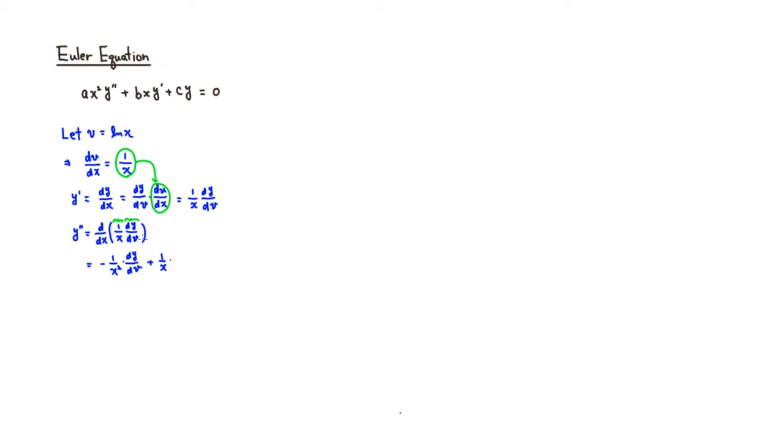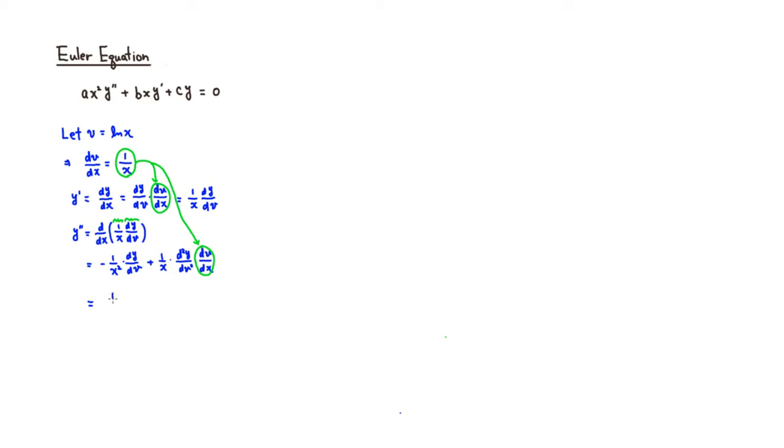Again, I'm going to take that derivative. This is the second derivative of y with respect to v first, then multiplied by dv over dx, just like before. Again, we can put 1 over x in here because we have another dv over dx. So we get 1 over x squared here, and another 1 over x squared there, because it combined with the 1 over x here.